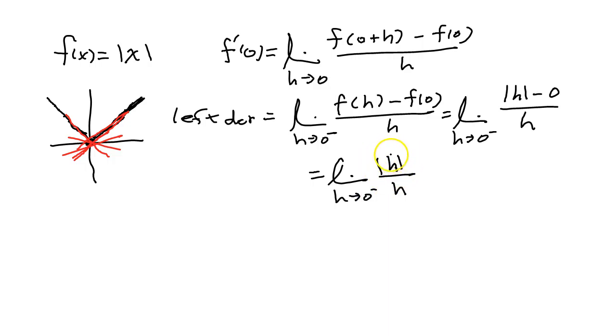This will be positive 0.1, whereas the denominator is negative 0.1. So for any small negative value, the top is always positive, the bottom is always negative, and therefore the fraction gives you a negative because it's plus over minus. And also, because their absolute values are equal, you end up getting negative 1 for any small negative value of h. So as h goes to 0 from the left, this limit will be negative 1.